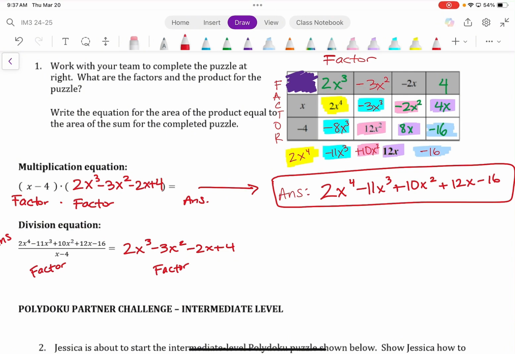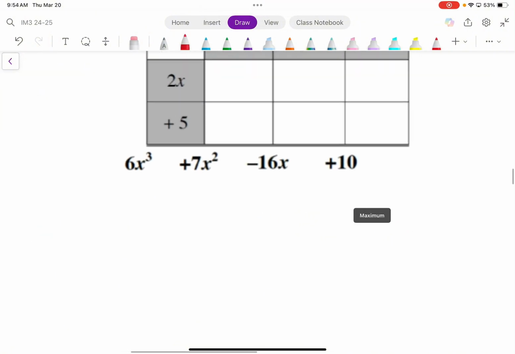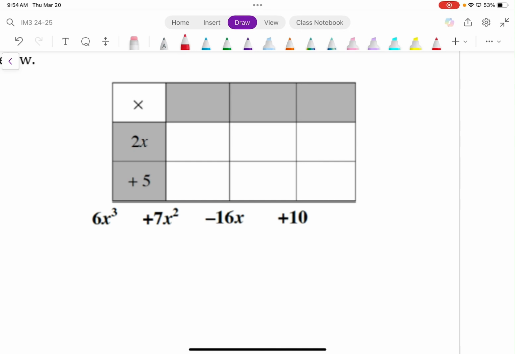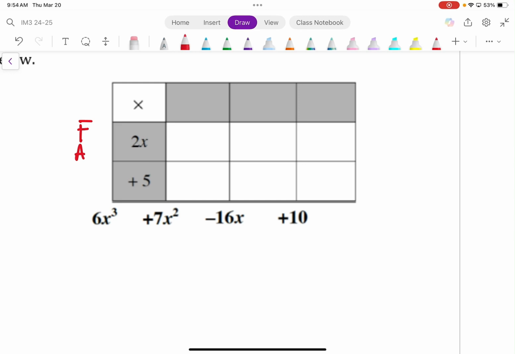Okay. When we come back from break, we will look at intermediate, advanced, and expert levels. Okay. And yes, they will become difficult. All right. We have the following intermediate level. Please follow along. You will notice that one factor is set up for us. Let's go ahead and label this factor.